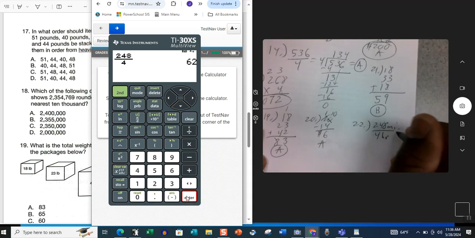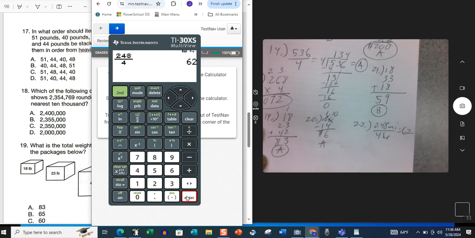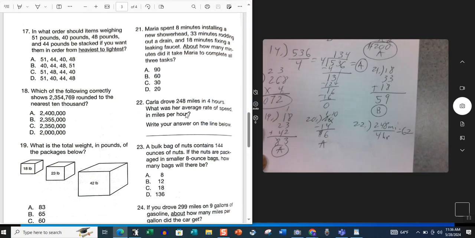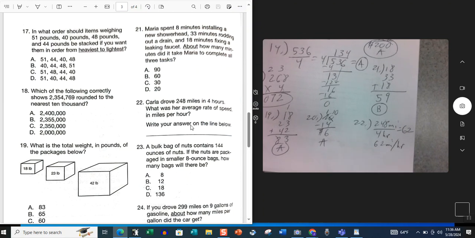So that's 62. So our answer here is 62 miles per hour. So we will write this down as 62 miles per hour. So that would be our answer for 22.